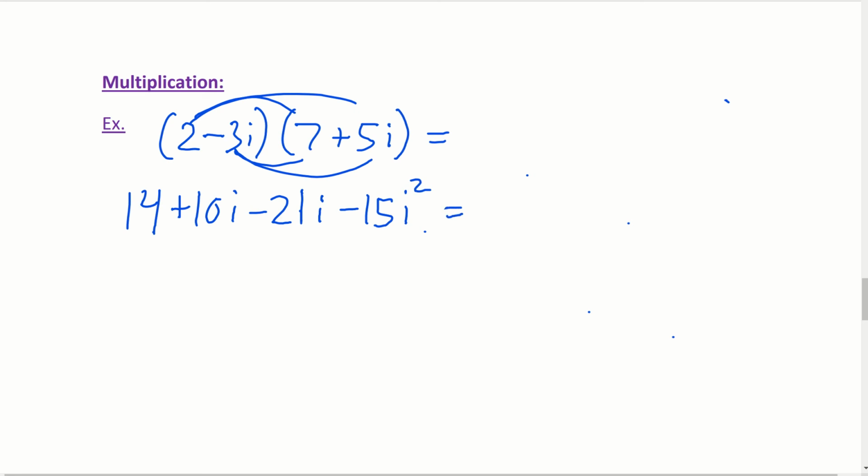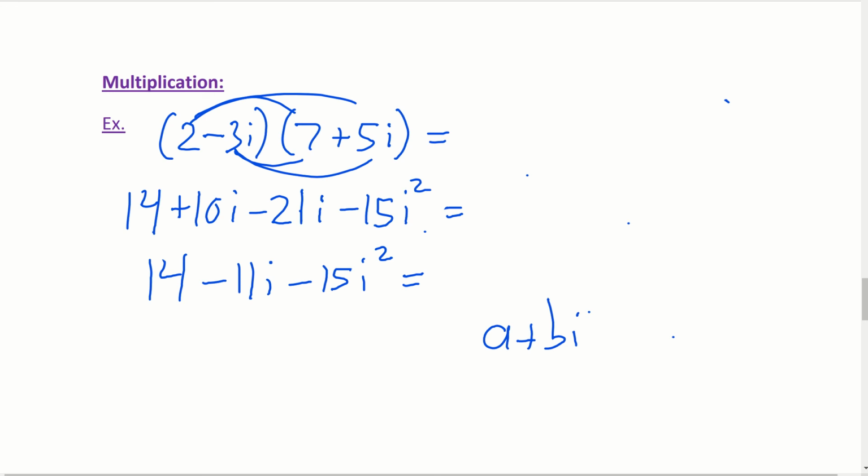So to multiply complex numbers we distribute, and now we combine like terms. 10i minus 21i is going to give us a negative 11i, minus 15i squared. We're almost there. We cannot leave our answer like this, because remember, at the end of the day, our answer should be in the form a plus bi.